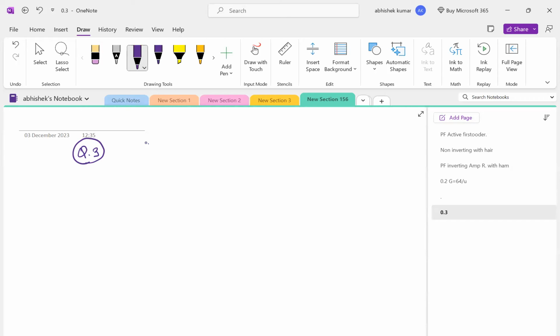In 3E, they've asked what the cutoff frequency is, so we denote it as FC. Since we have already studied this circuit 10-15 minutes back, by seeing this circuit I can tell you that this is a low pass filter. But the actual way is to derive everything, and after deriving, conclude that this is low pass.